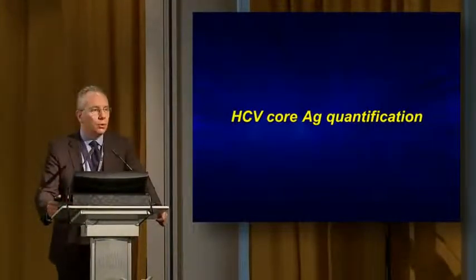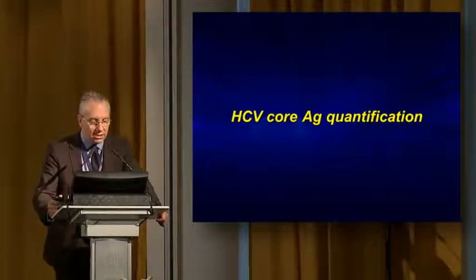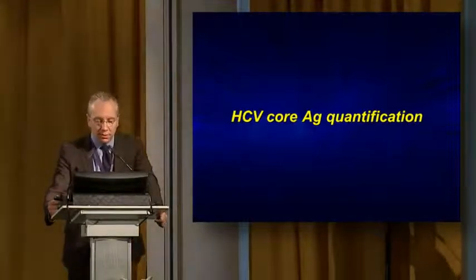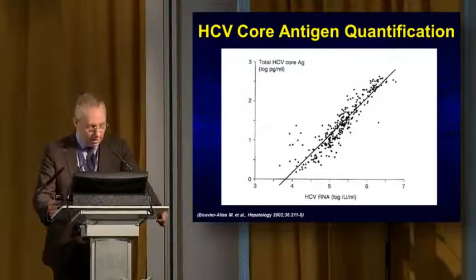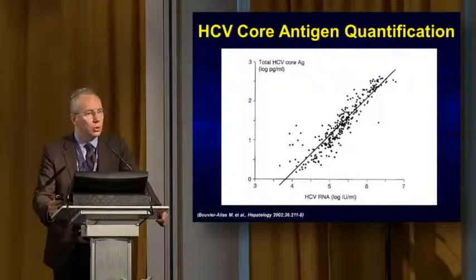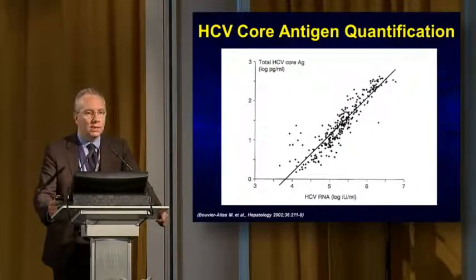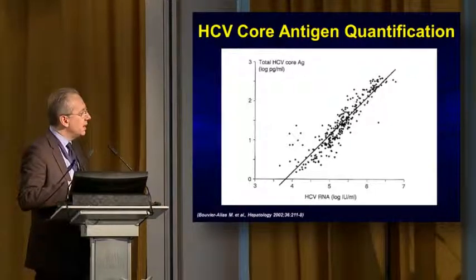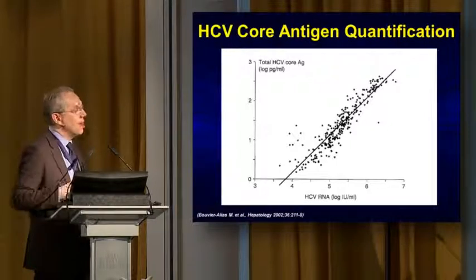There is another group of techniques based on HEV core antigen quantification that have been used as surrogates for HEV RNA replication. The reason is our old publication in 2002, where we showed that there is a very good correlation between the HCV RNA level on the x-axis and the HCV core antigen level on the y-axis.